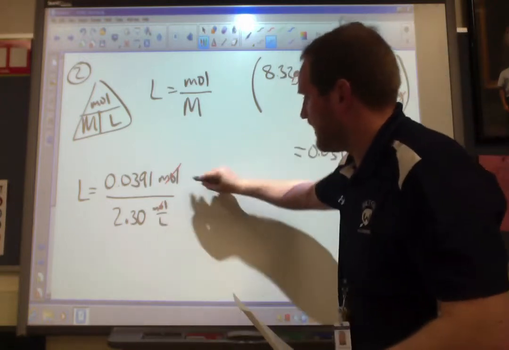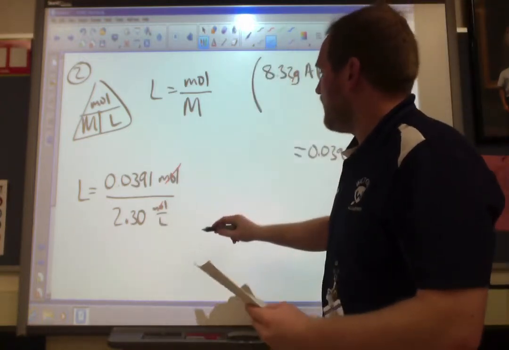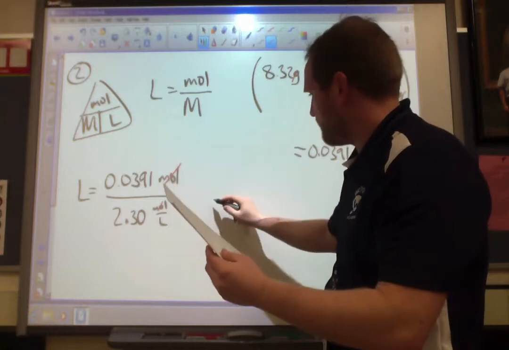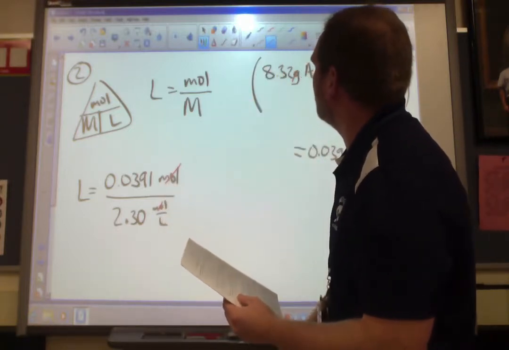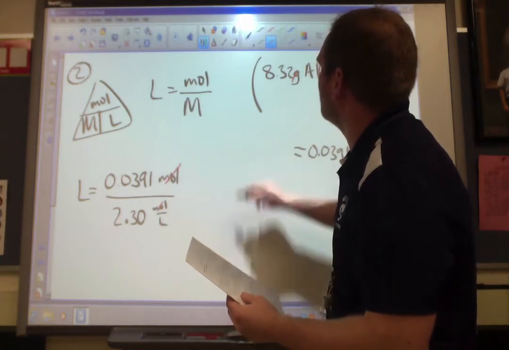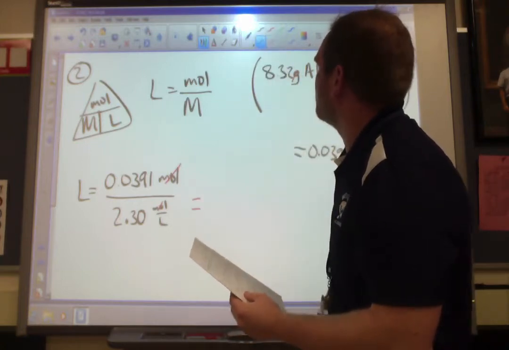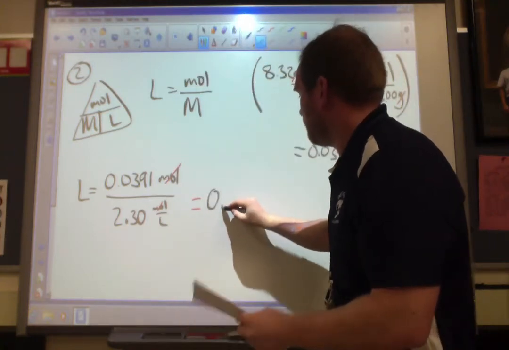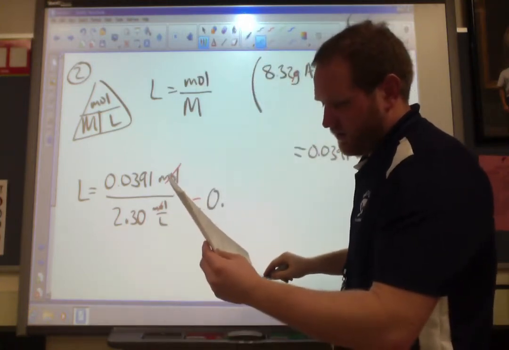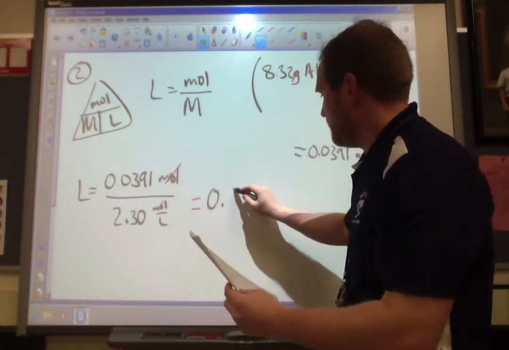So the liters are going to end up coming up as our unit. And mathematically, this works out to 0.0170 liters.